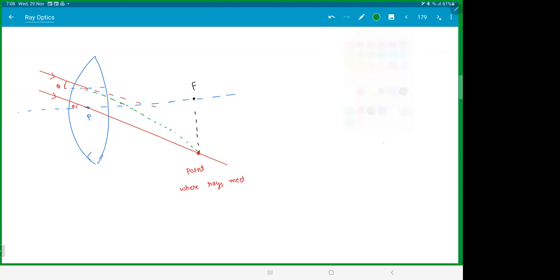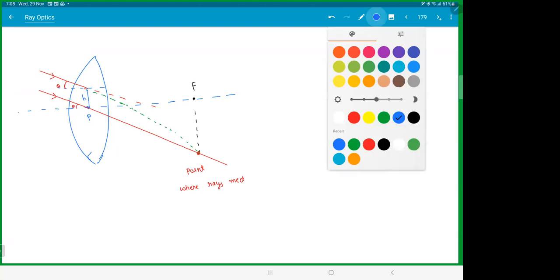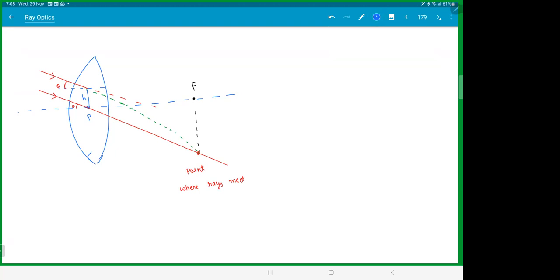And look at the angles here. This was height h, and this is delta. So that is theta. So this angle would be theta.